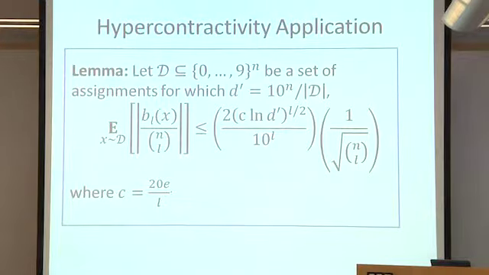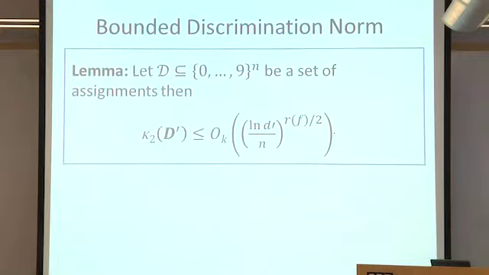That's the biggest term. So our final result is that we bound the discrimination norm, and it's roughly 1 over n to the R of f over 2.